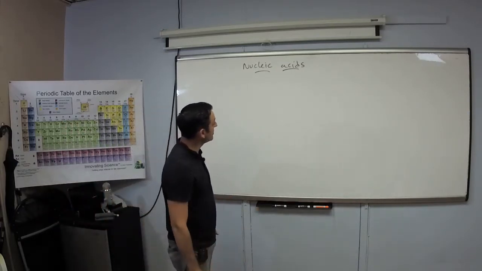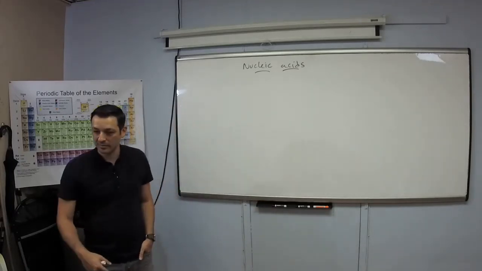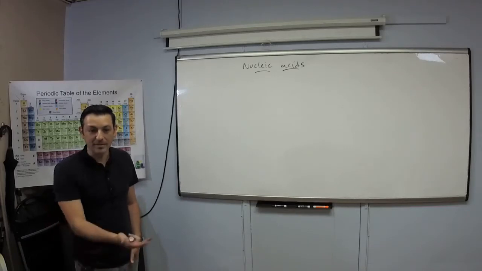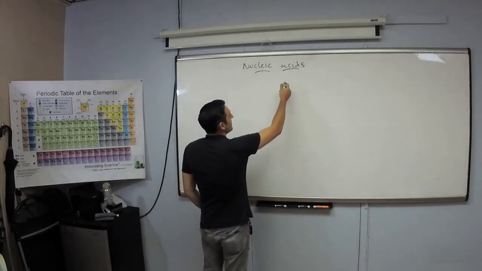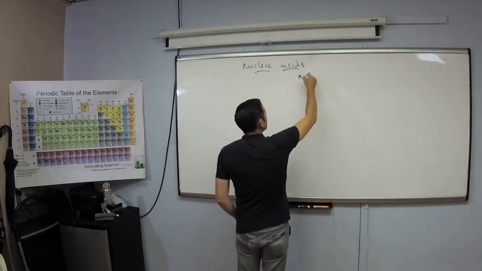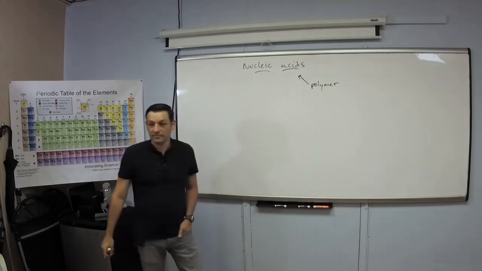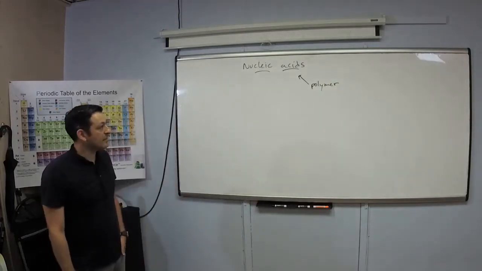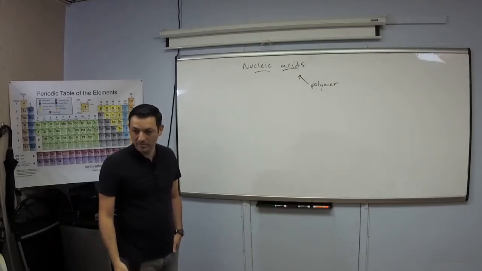Get into nucleic acids. So what are nucleic acids? They're DNA and RNA. A nucleic acid is a polymer. What's the monomer? The monomer is the part of the polymer. What's a polymer?